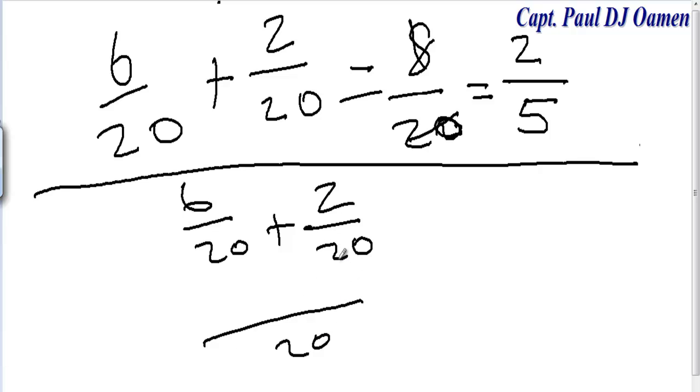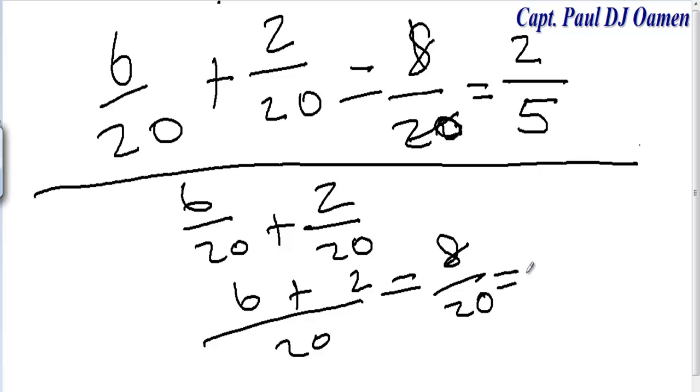That's 1 multiplied by 2 is 2 plus 20 goes here, the same thing. 1 multiplied by 6 is 6, and that gives you the same answer. So you look for the lowest common factor, you simplify it, and that becomes 2 over 5. That is another way out.